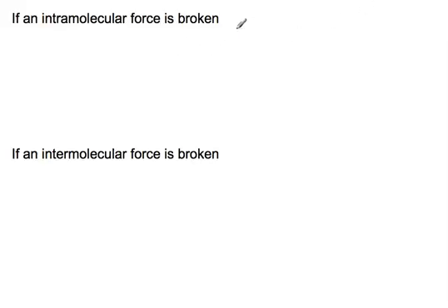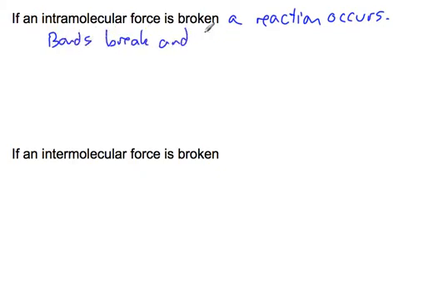So as you can see, when an intramolecular force is broken, a reaction occurs. That's a pretty spectacular reaction, the thermite reaction. And so bonds break and reform, and we get a different chemical compound. And that's what's important. So that's a reaction.